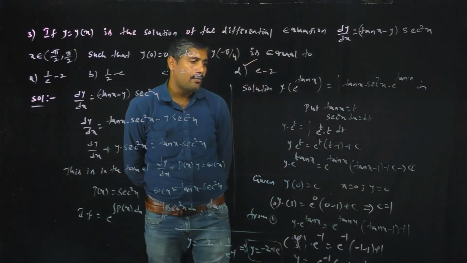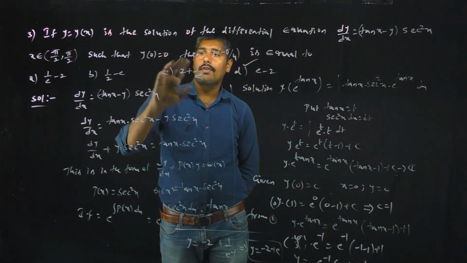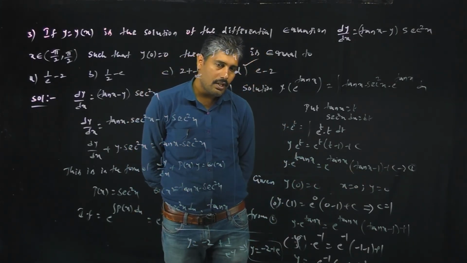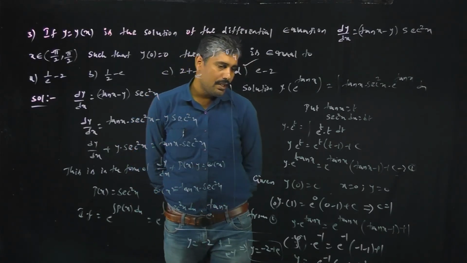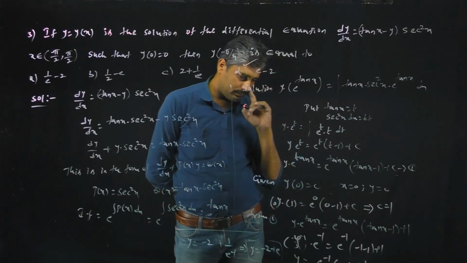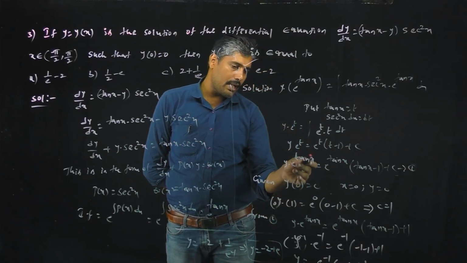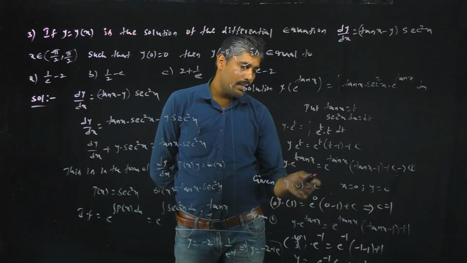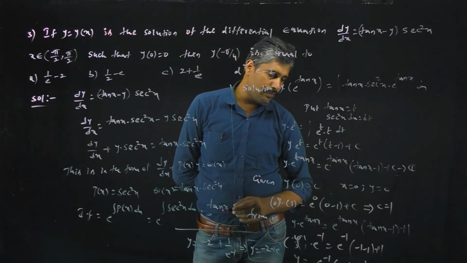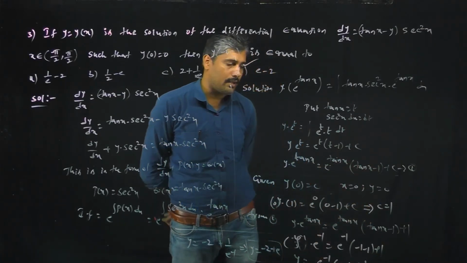To find the value of c, given y of 0 equal to 0, that is 0 into e power tan 0, and e power 0 is 1, here also tan 0 is 0, minus 1 plus c, here c equal to 1.